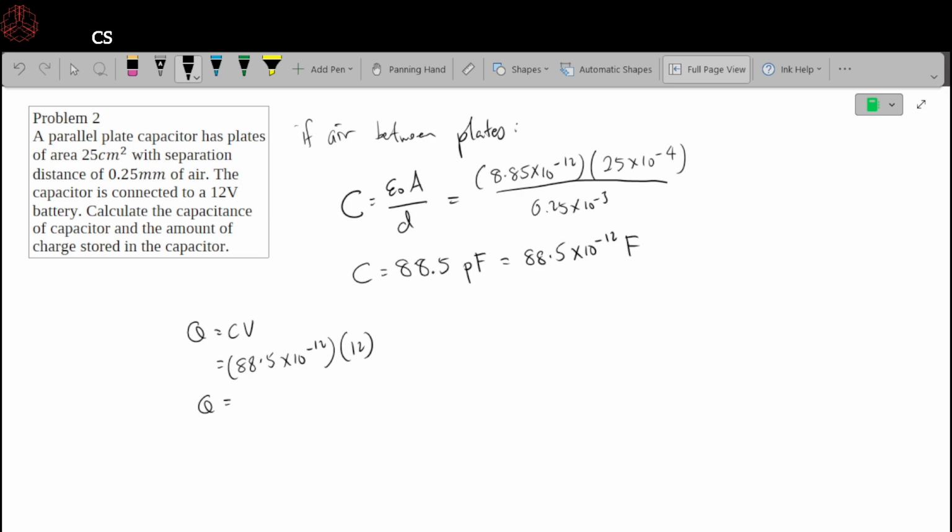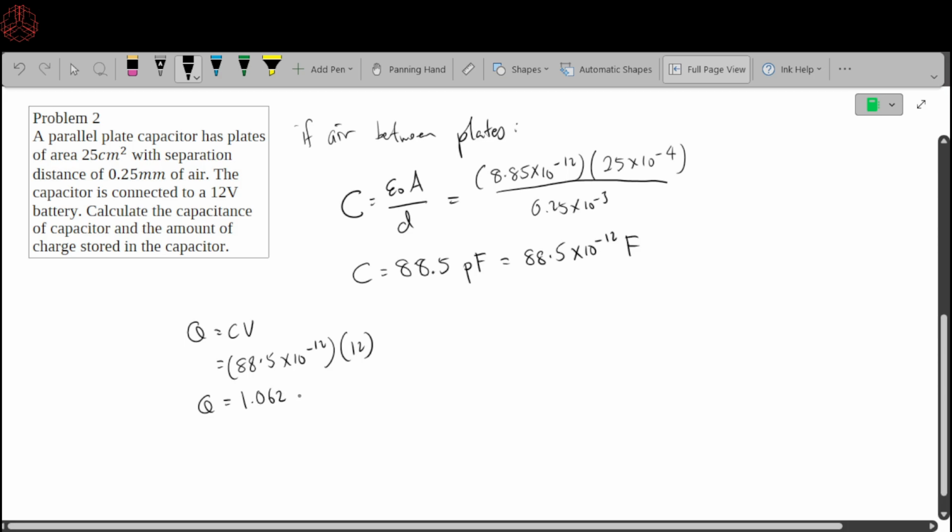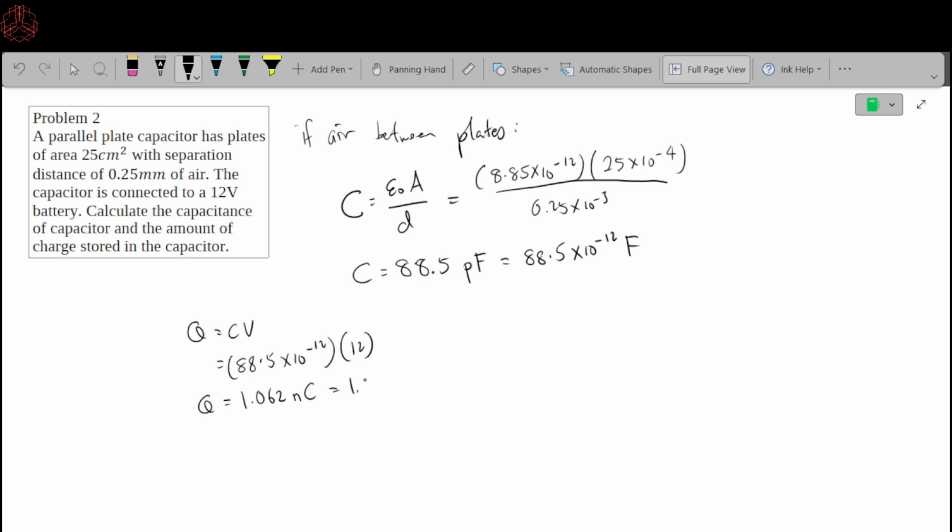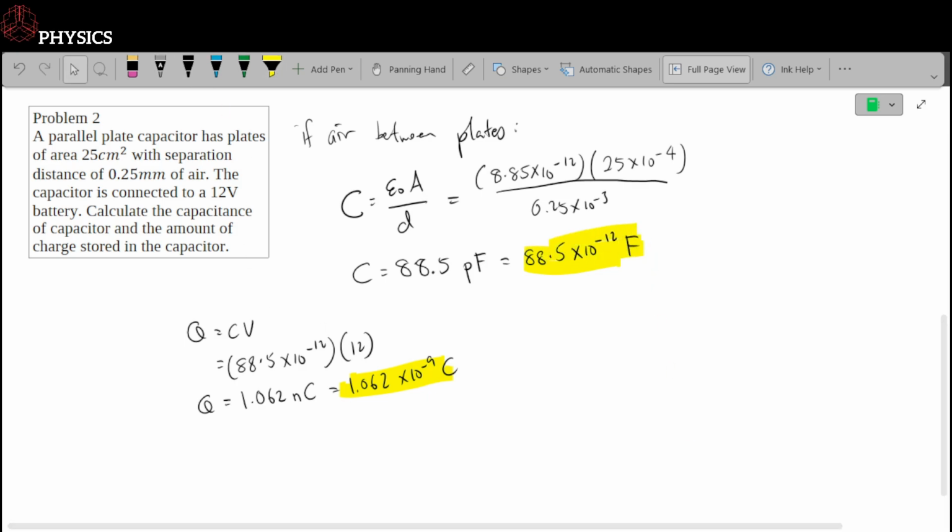If you key that into your calculator, what you'll find is that you will have 1.062 nanocoulombs, which is 1.062 times 10 power of negative 9 coulombs. So those are your two answers, 1.062 and 88.5 times 10 power of negative 12.